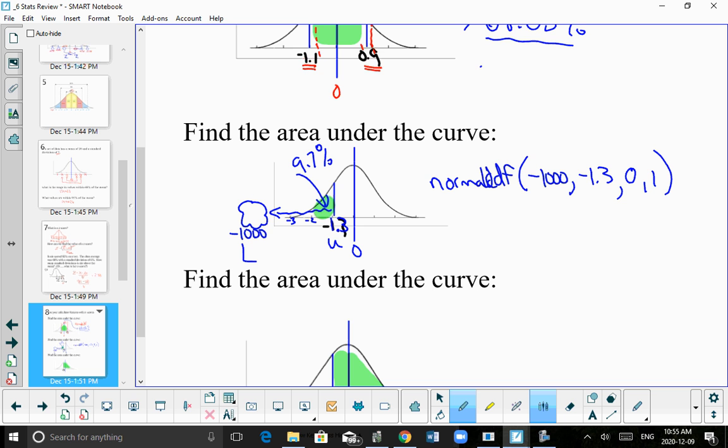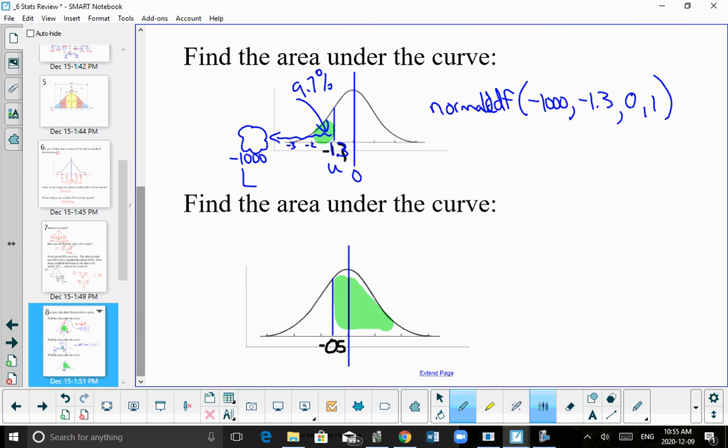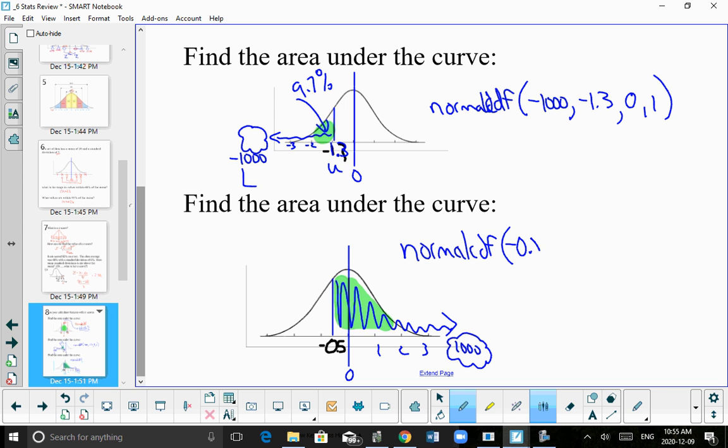is within that range. Now similarly here, we're looking for this area. So it goes forever that way. So again, if this is 0, 1, 2, 3, we don't have a positive infinity button, so maybe just use like 1,000. So again, normal CDF. So the lower is negative 0.5, the upper is 1,000.